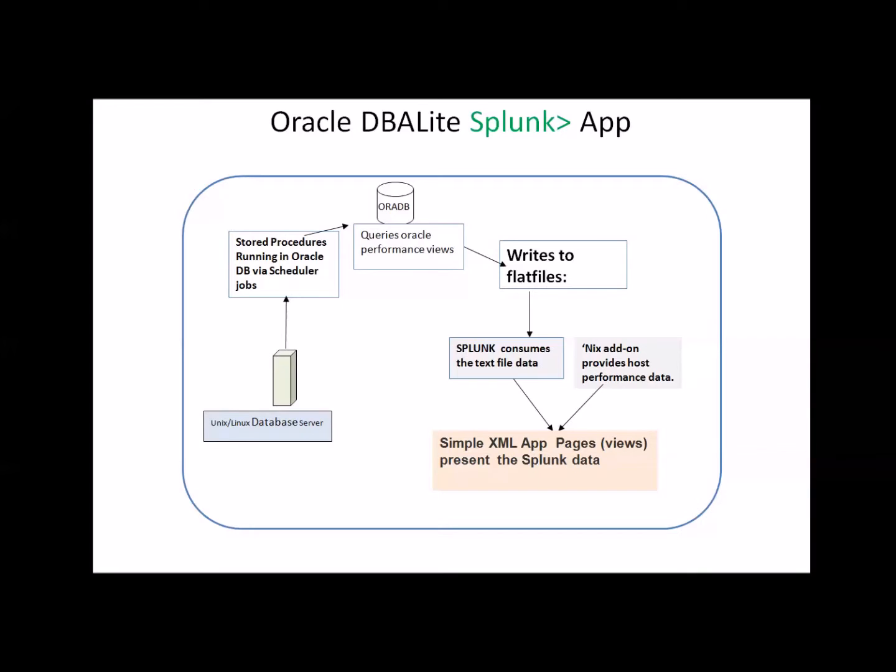Splunk consumes the text performance data, and the Oracle DB-Lite app represents the Splunk data via simple XML views. The host performance stats are obtained from the NIC add-on for Unix or Linux.